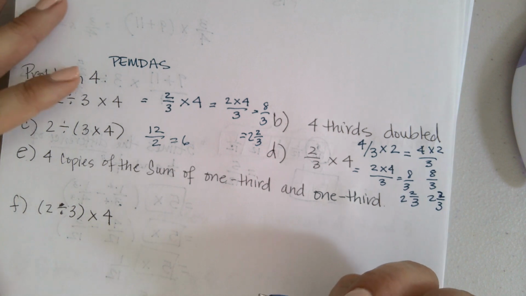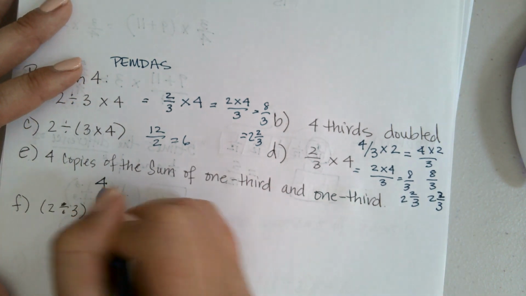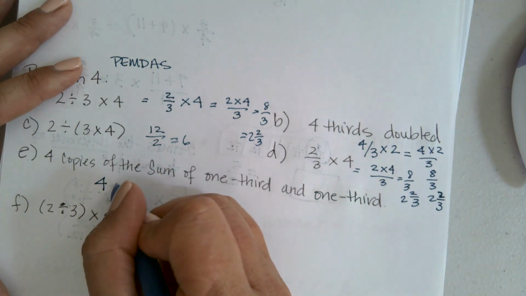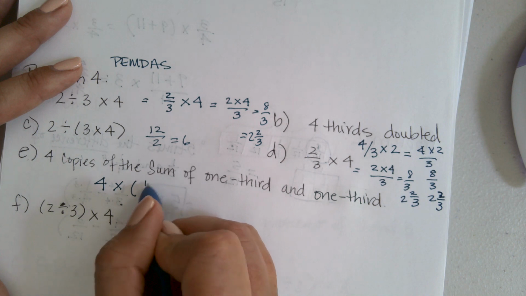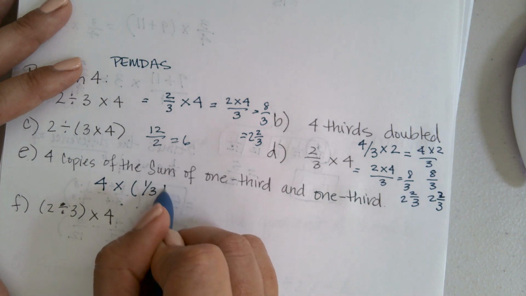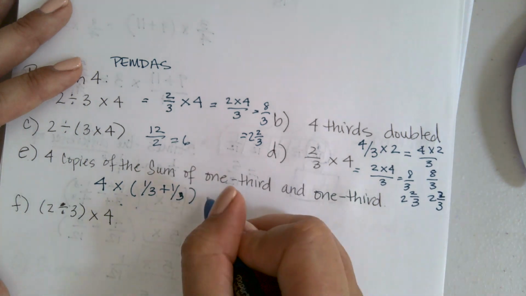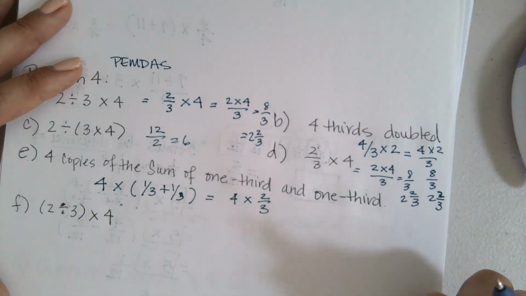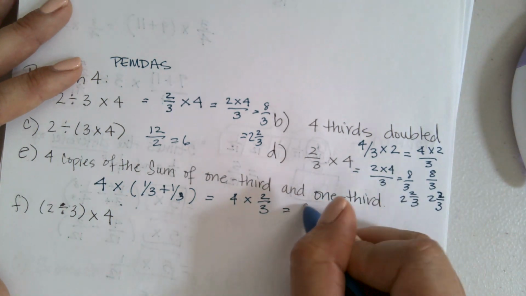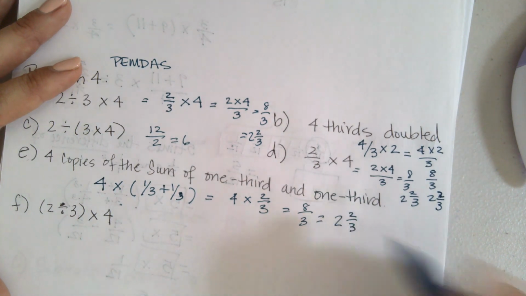So let's write that out. 4 copies, remember we've been practicing with that verbiage, of the sum of 1/3 and 1/3. Well, what does that equal? 4 times 2/3, right? Which is going to give us 8/3, which is equal to 2 2/3.